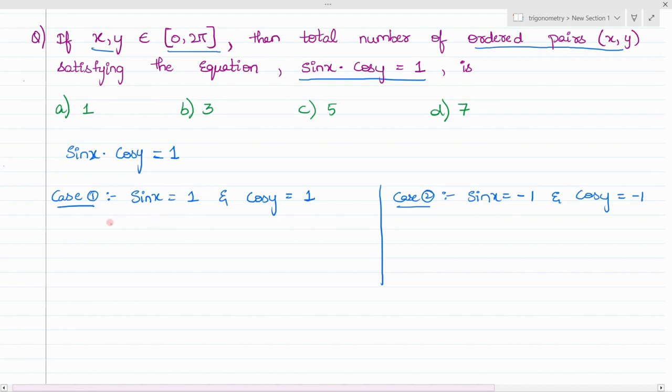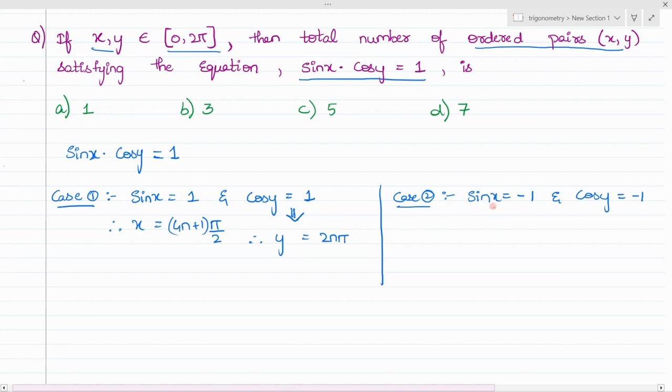For this, we can write the general solution as x is equal to (4n plus 1) into pi by 2, where n belongs to the integers. Similarly, cos y equal to 1 is again a simple trigonometric equation, so we can write the general solution as y is equal to 2n pi, where n belongs to the integers.